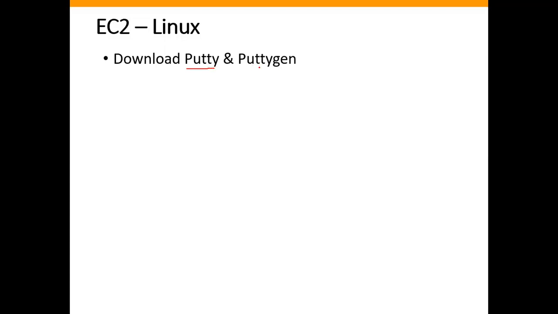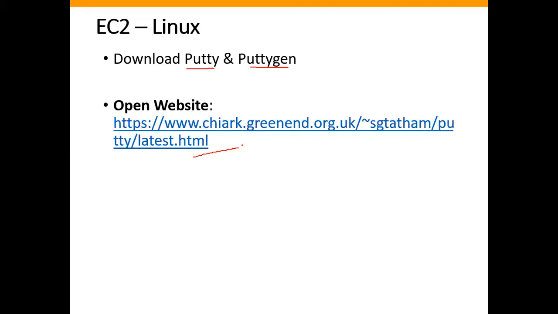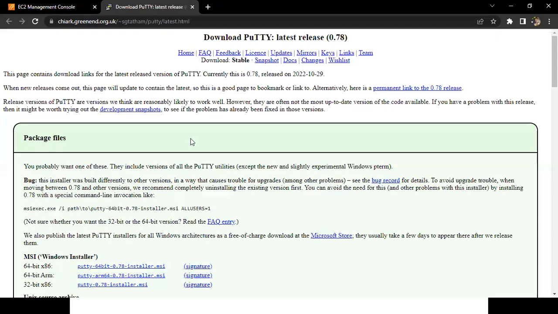And the name of that tool is Putty. To use Putty, I need to download it. It's a completely free tool, and I'm going to tell you how to use it. Here I have given a website. From this website you can download Putty, or even if you search on Google you will easily get this website.